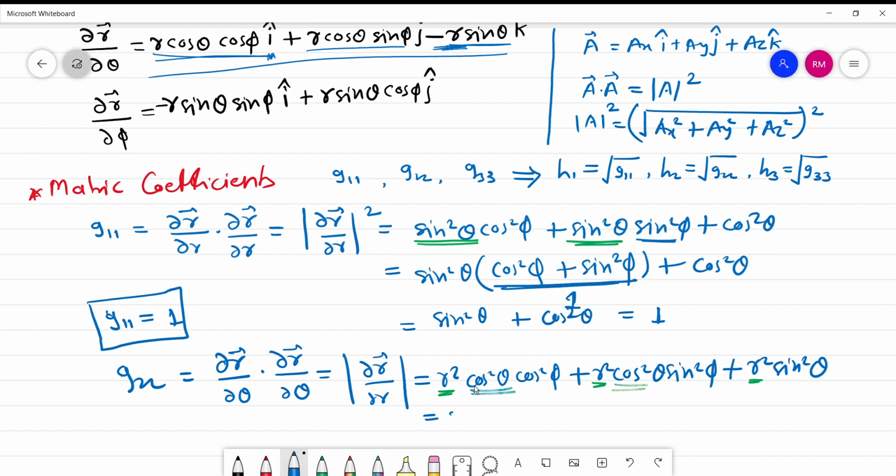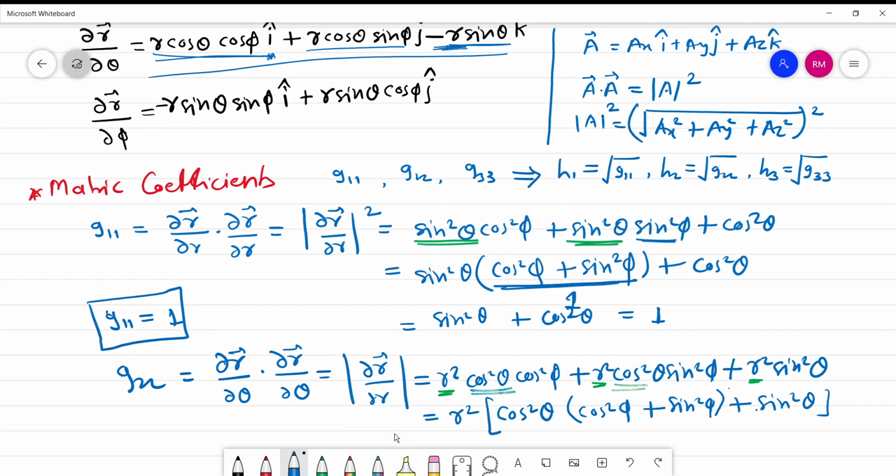First I'm taking r squared common from everywhere, and then cos squared theta common from the first two terms, so it will look like r squared (cos squared theta (cos squared phi plus sine squared phi) plus sine squared theta).